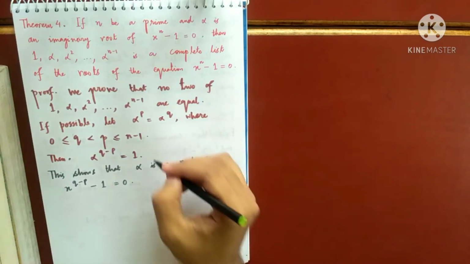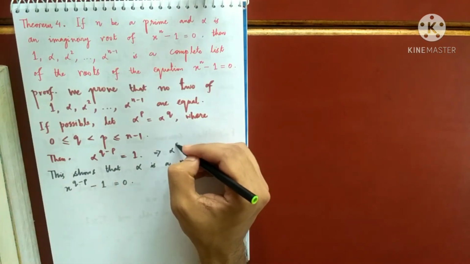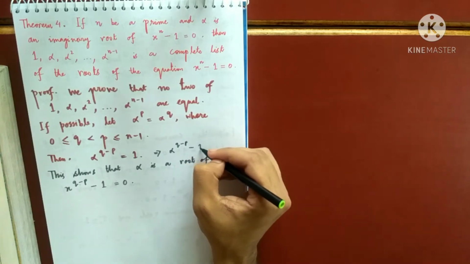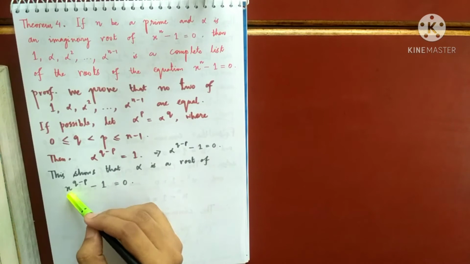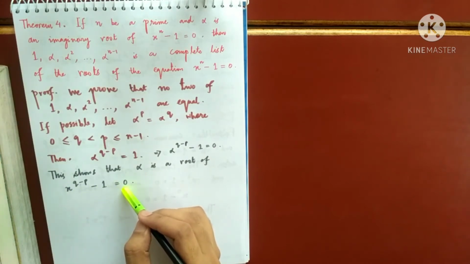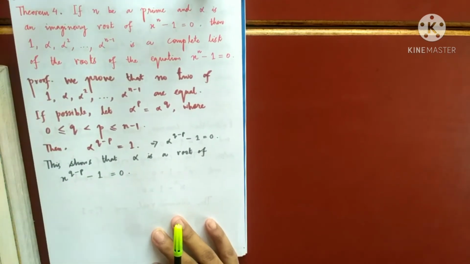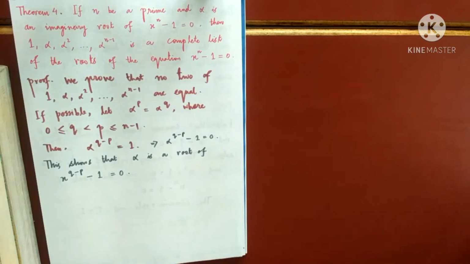Right? Because from here what can I write? Alpha to the power q minus p minus 1 equals 0. And this proves that alpha is a root of this equation. Am I clear?